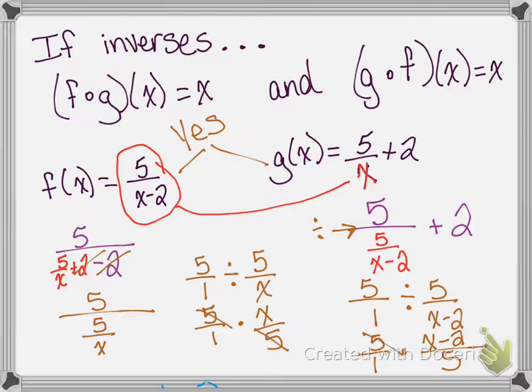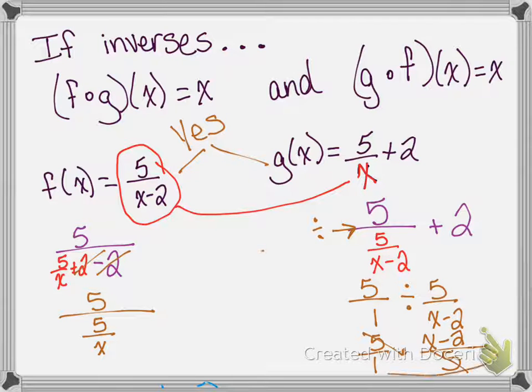What am I left with? x minus 2. So now what I have is x minus 2 plus 2. And do I get x? Yes. So it means these two functions are inverses of each other.